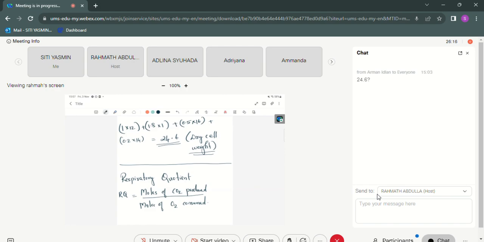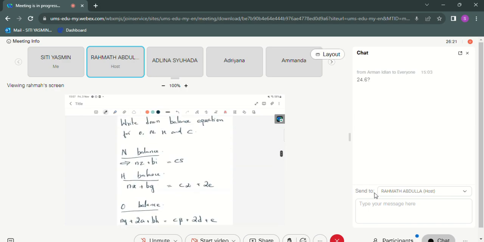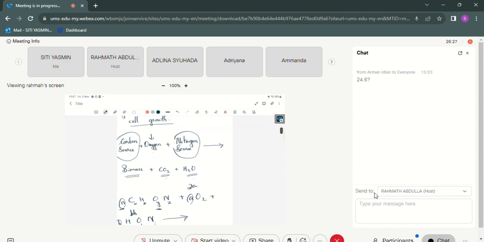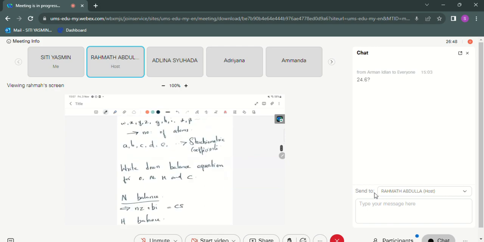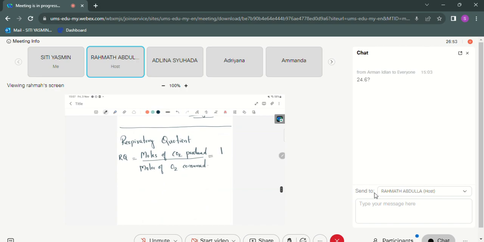Now, for RQ, if you go back to this equation, we have to see the moles of carbon dioxide produced, isn't it? So here is D moles over the moles of oxygen consumed, which is A. So we can denote this equation as D over A. Clear, all of you?